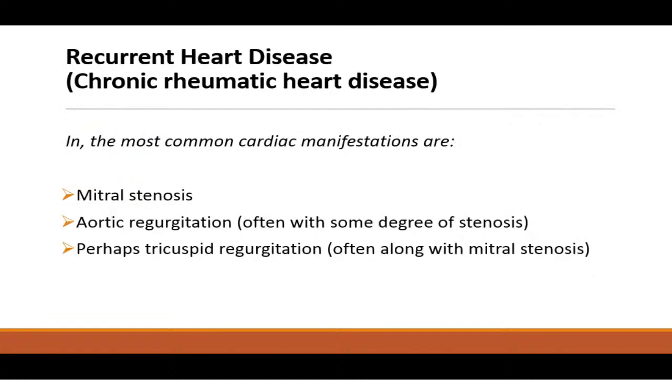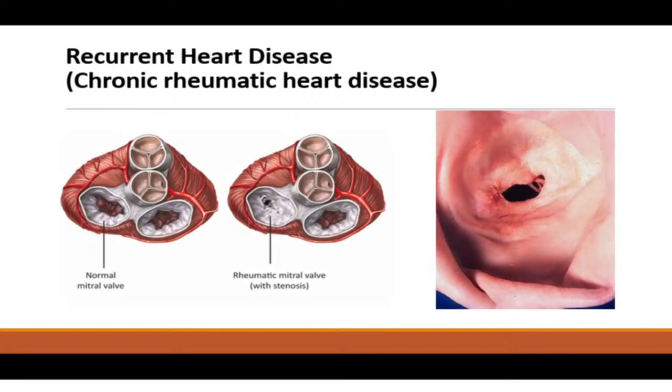So the most common, as I said, are mitral stenosis, aortic regurgitation, and sometimes, rarely, tricuspid regurgitation. More often it's associated with mitral stenosis. So in this picture, for better understanding, you see what is a normal mitral valve and what is a rheumatic mitral valve with stenosis.